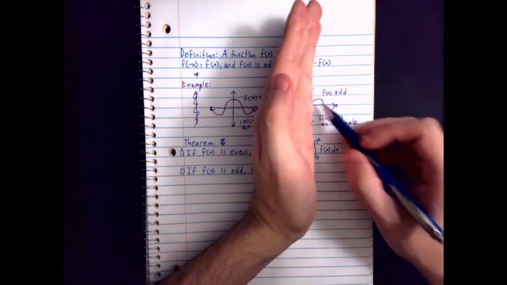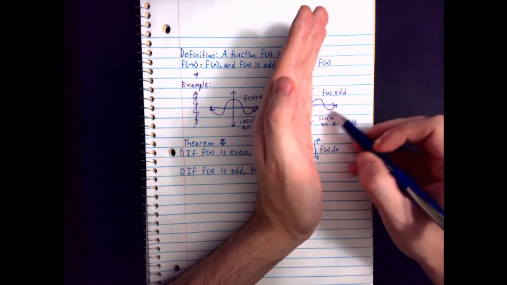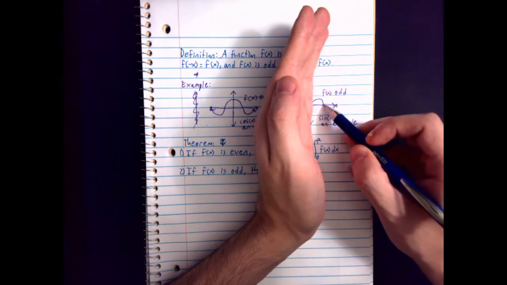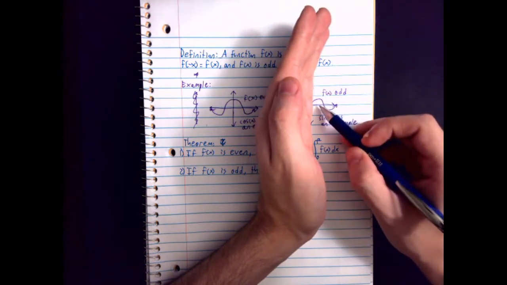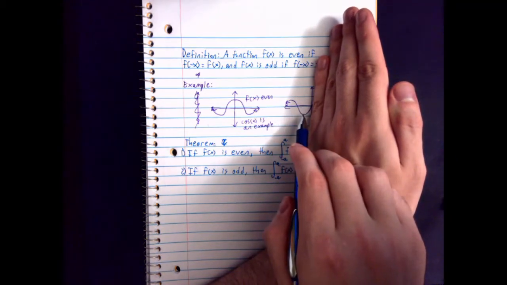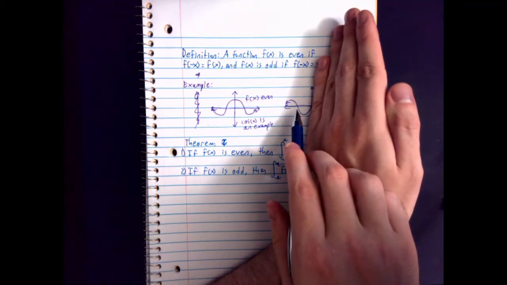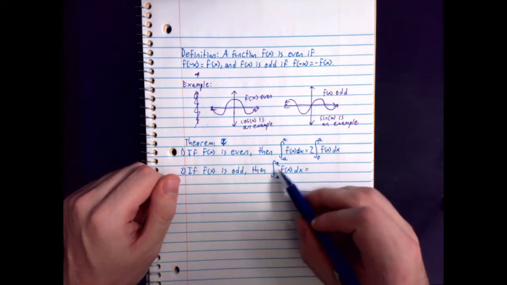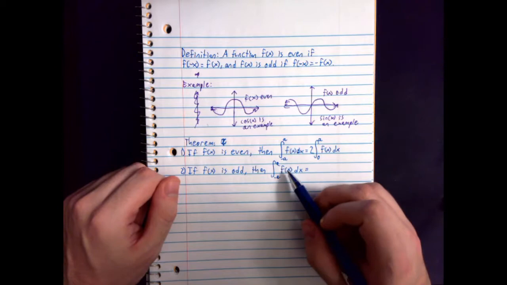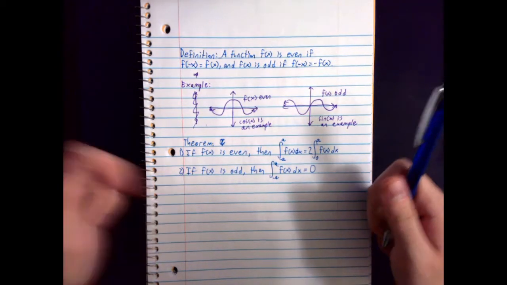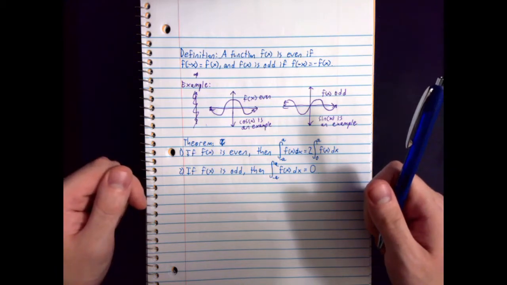If I am looking at this area over here, before I get to this 0, the area is positive, but then if I flip over here, the area is going to be negative. And because of the symmetry of the function, the areas will actually just cancel each other out. And so the integral of an odd function over a symmetric interval like this is 0. You actually can just evaluate it very quickly like that.